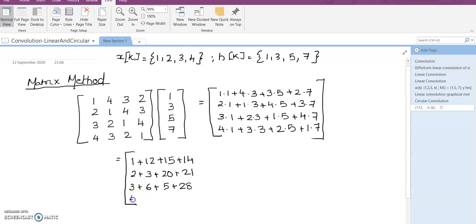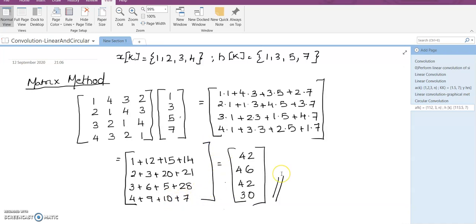Then 4 plus 9 plus 10 plus 7. When we sum it up, we get the final answer as 42, 46, 42, and 30. What we have done now is the circular convolution problem using the matrix method, and we have got the answer.